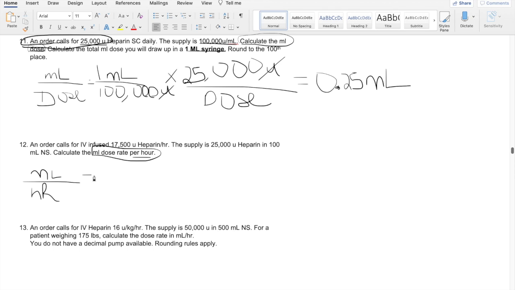So immediately, right off the bat, you see milliliters right there as your reference, so you're going to look for the milliliters. So right here, we're going to have 100 milliliters. And that's going to be over 25,000 units.